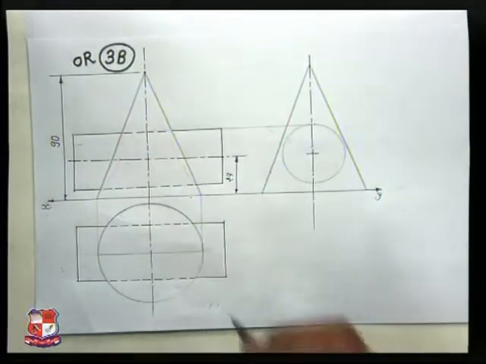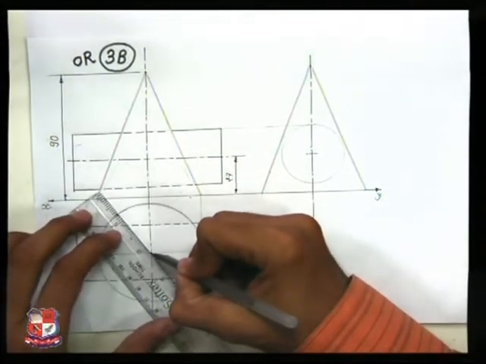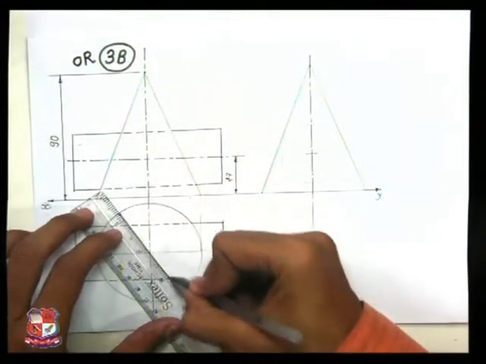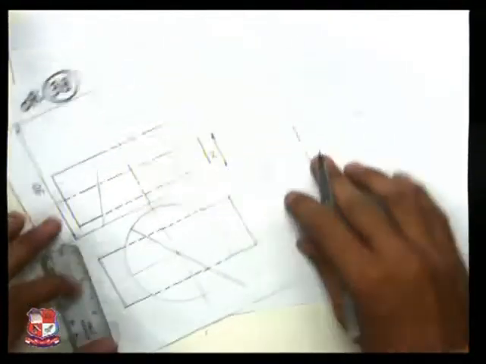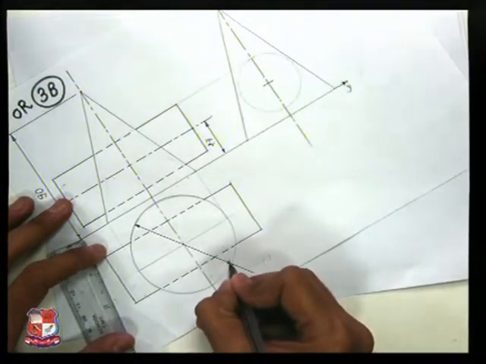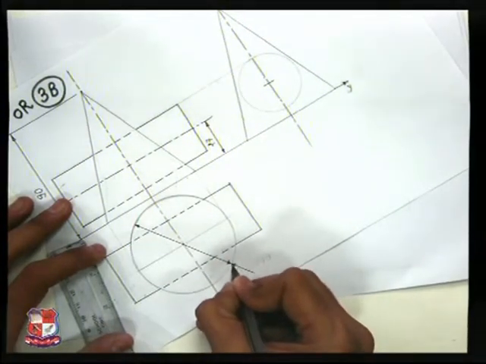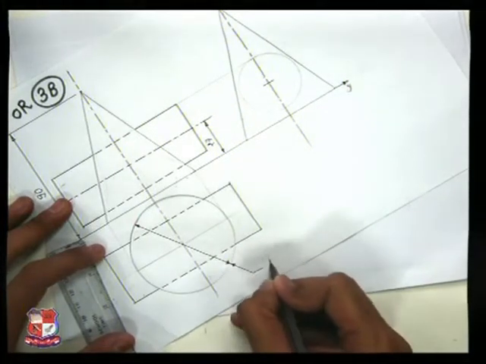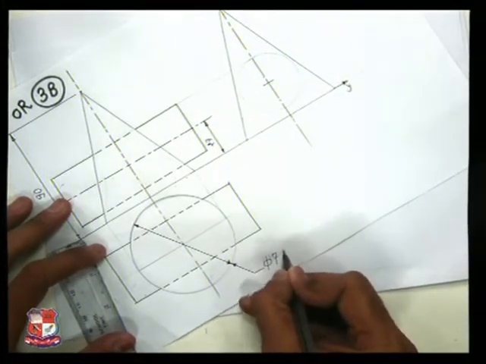Insert its dimension like this. This is the circle having diameter 70, the dimension is to be inserted like this, and phi 70. Phi should be written.